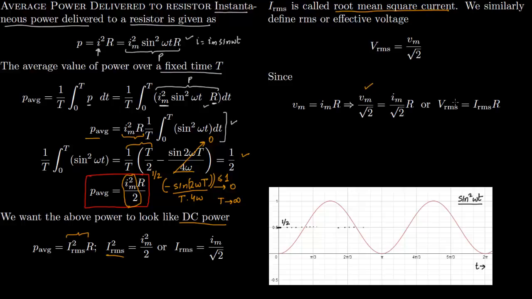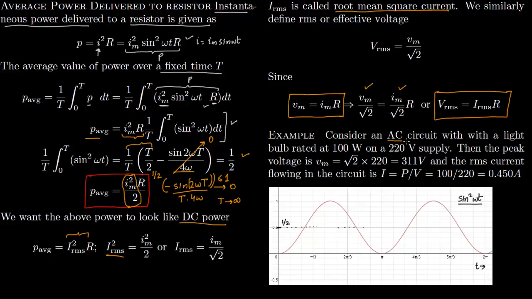So the voltage side becomes V RMS and the current side becomes I RMS. So the formula V equals IR can be written as V RMS is equal to I RMS times resistance, and you already have the formula of maximum voltage equal to maximum current times resistance.